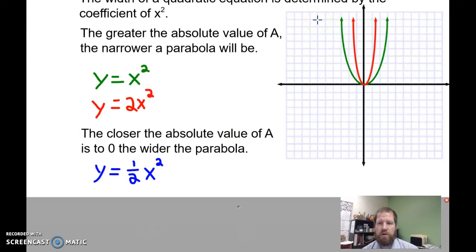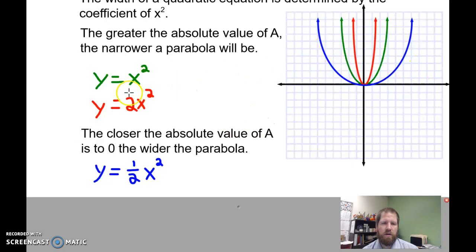I shouldn't say tall or short because all of these graphs will keep going to infinity. So they all have the same vertex, but this blue one, this one with a smaller coefficient of a, is going to be wider.